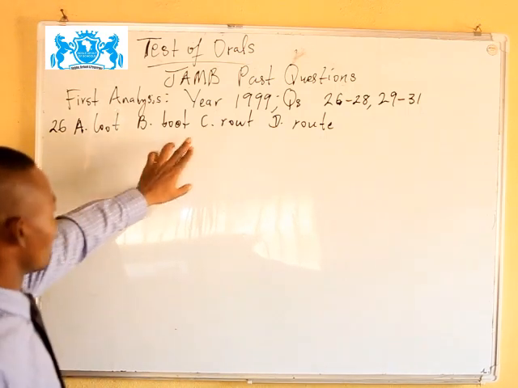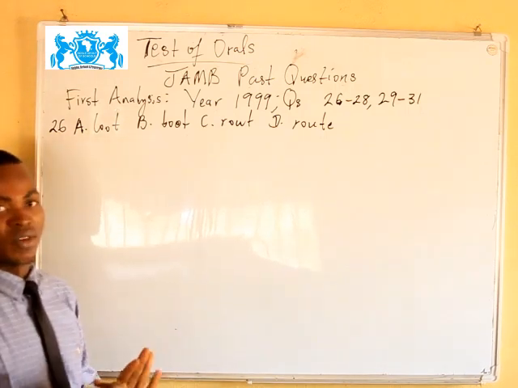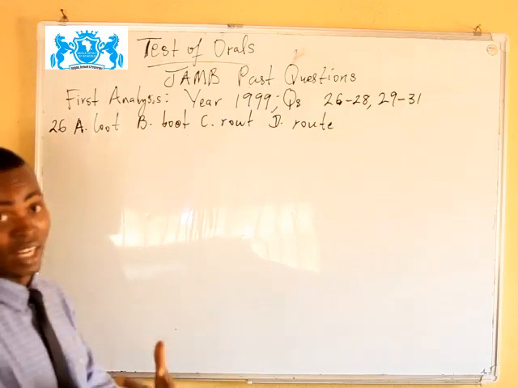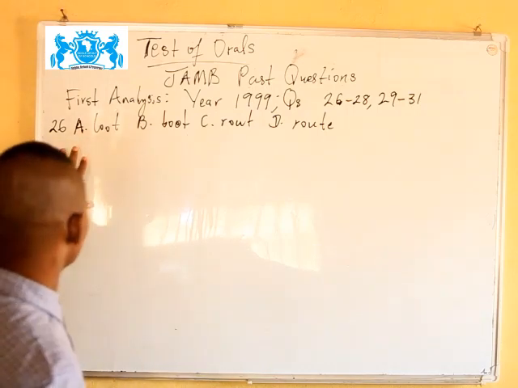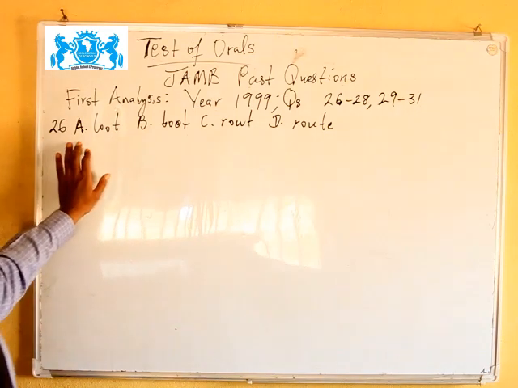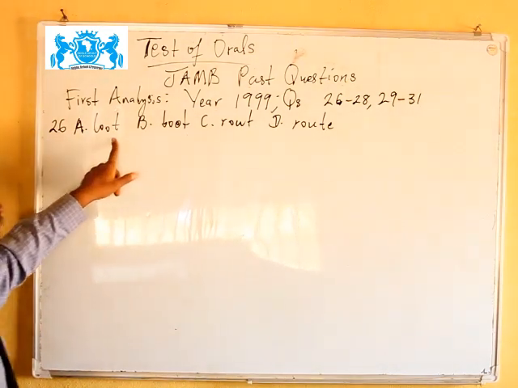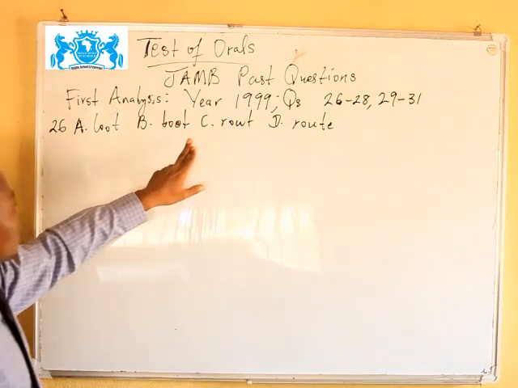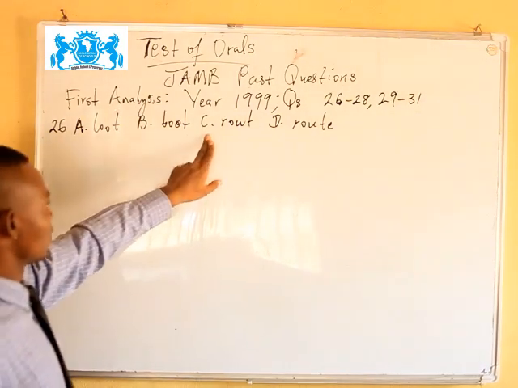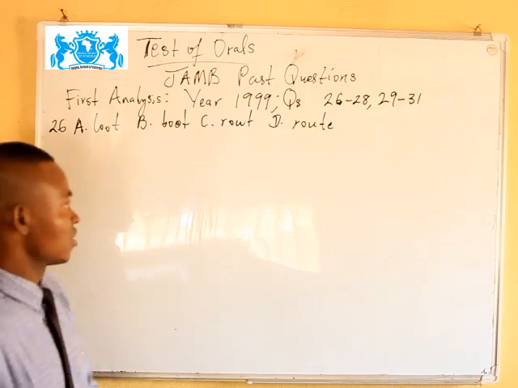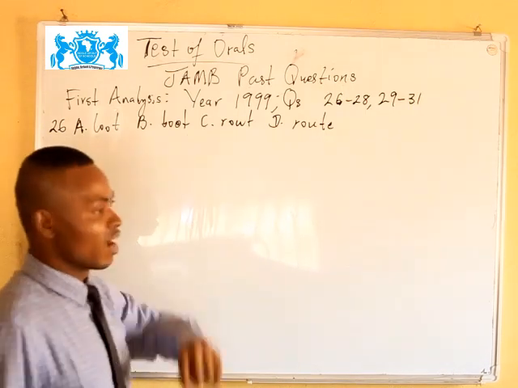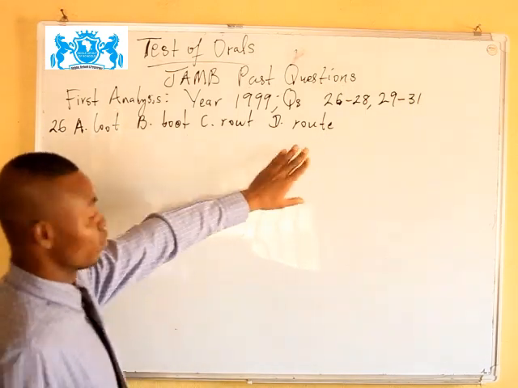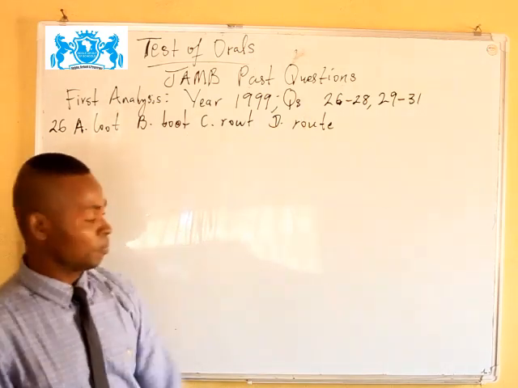For us to get the right answer to this question, we first of all pronounce each of them, and then after the pronunciation, we get the answer and we begin to analyze. In the first one, which is 26, we have lutes. Then in B, we have boots. In C, we have routes. In D, we have routes. In American English, we can also call this route.